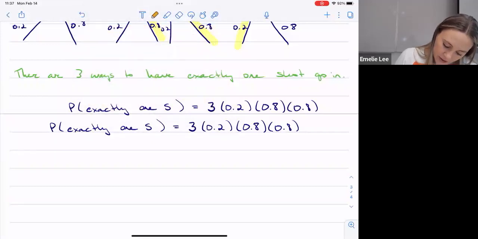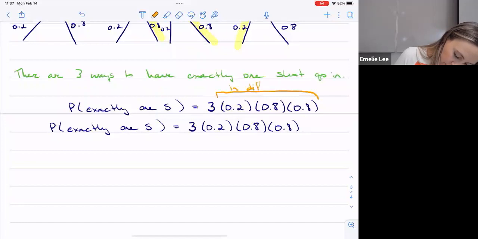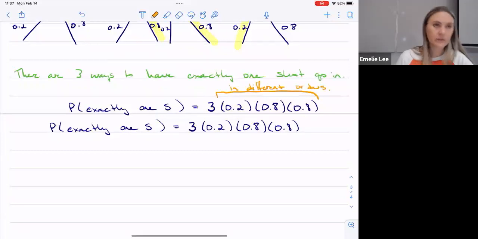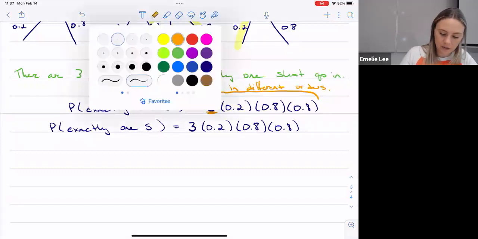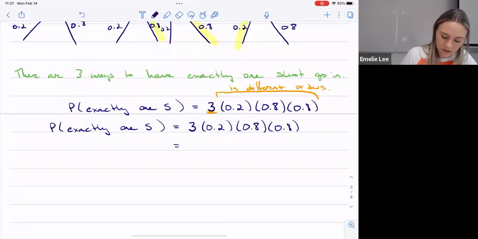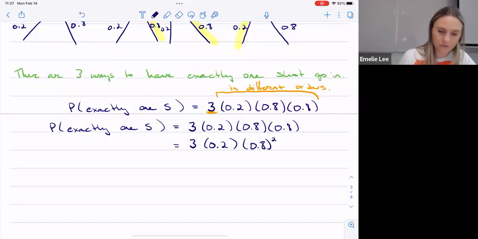Just in different orders. Right? But that's what this multiplying by 3 takes care of. So then what this becomes is 3 times 0.2 times 0.8 to the power of 2.